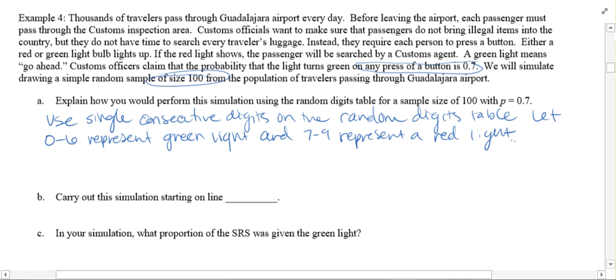Okay, so then we usually would state where we're starting. In class, I do this a little bit different. So you're going to start on a certain line number. And I usually give that to you, okay?